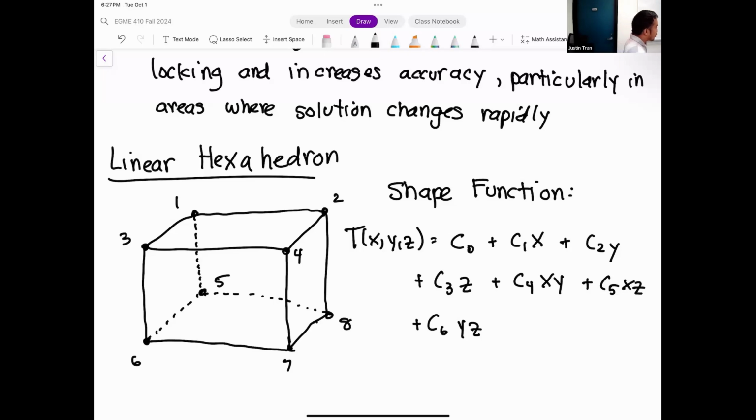And so we have all the first order cross terms: C4xy, C5xz, and C6yz. I call them the cross terms because they're a combination of 2 dimensions in one.